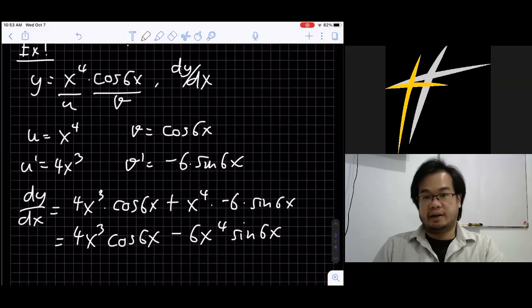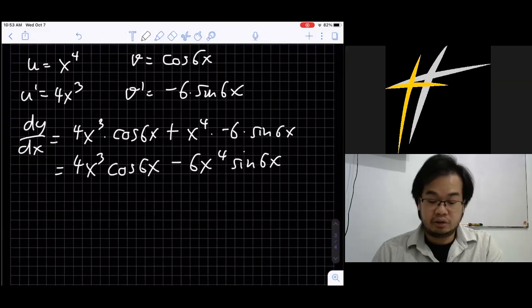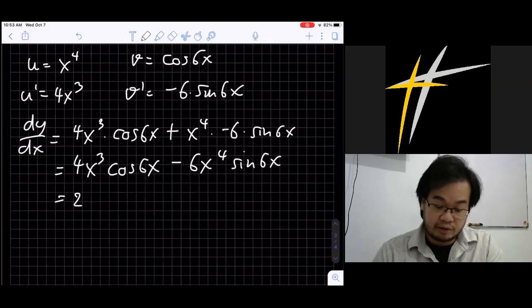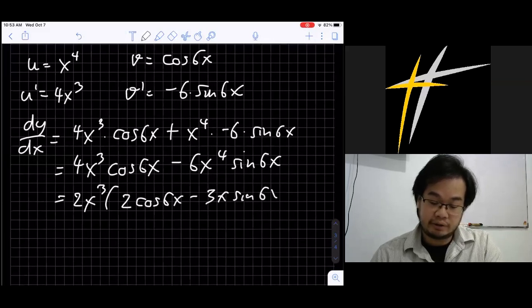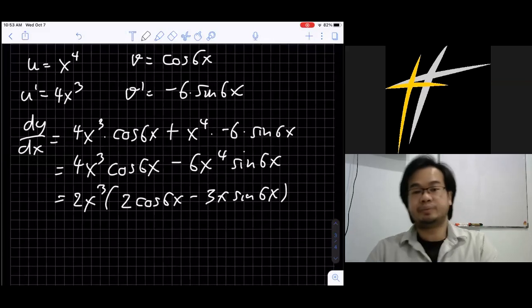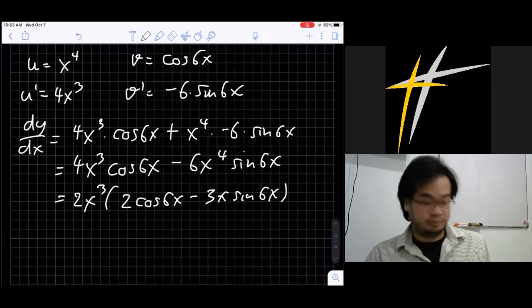And if you want to simplify, you can factor out the GCF. The GCF is 2x cubed, so it's equal to 2x cubed times (2 cosine 6x minus 3x sine 6x). Okay, you need to simplify if it's needed, if it's asked.